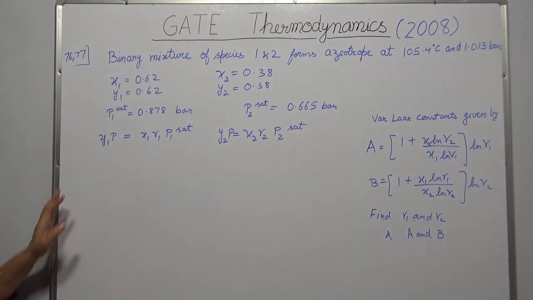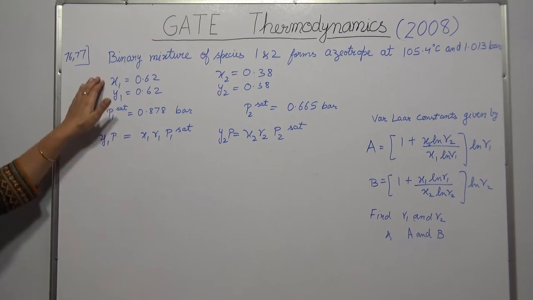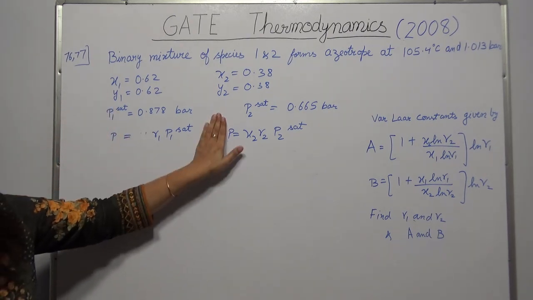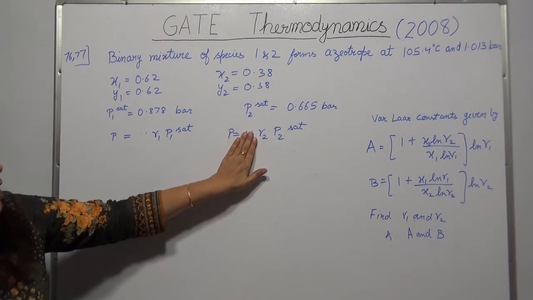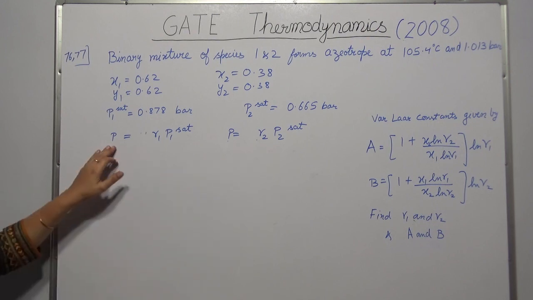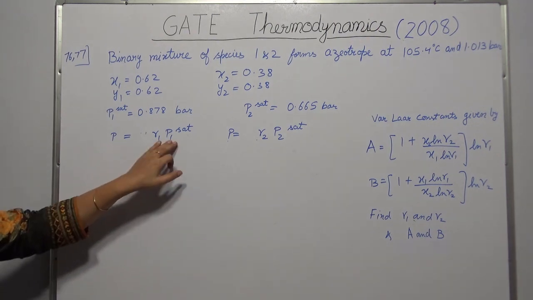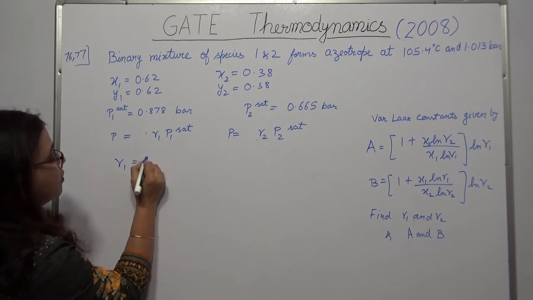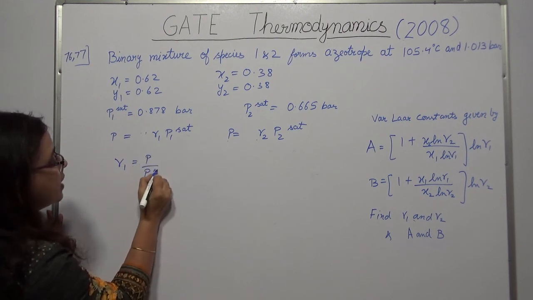At azeotropic condition, your x1 is equal to y1, so these terms will go away from both the equations. Now you are left with only these quantities. You know the total pressure and you know the saturation pressures. Quickly you can calculate your gamma 1, that will be equal to P upon P1 saturation.